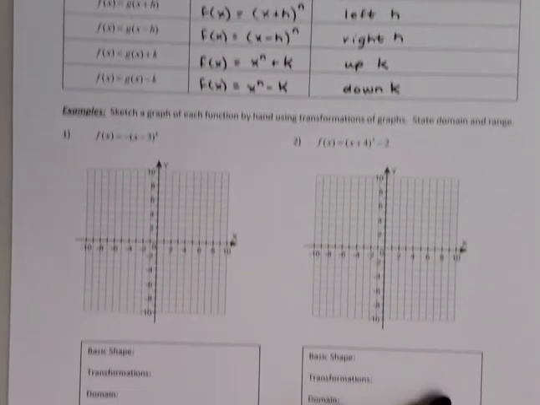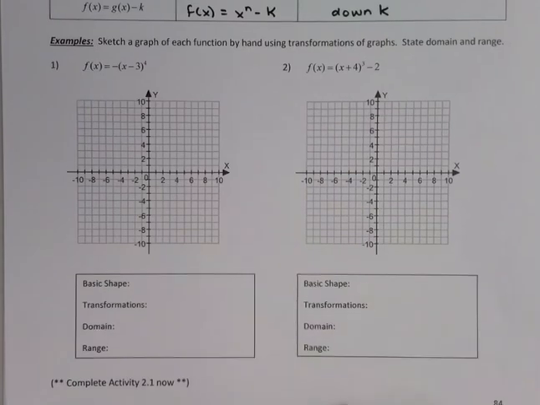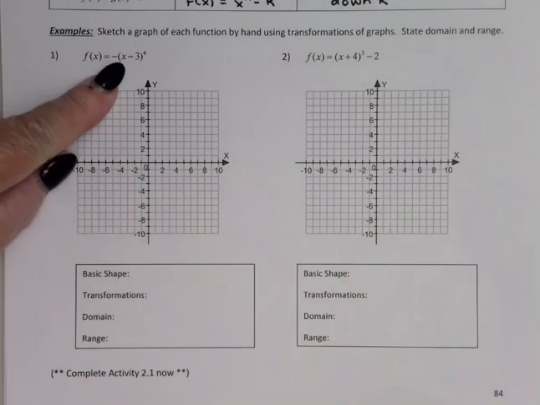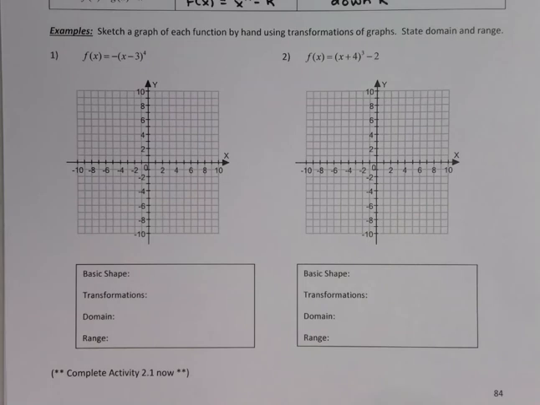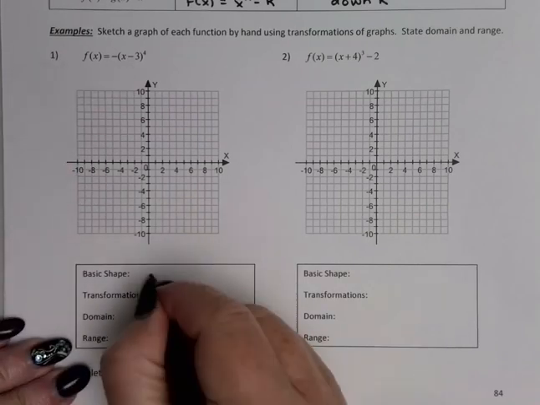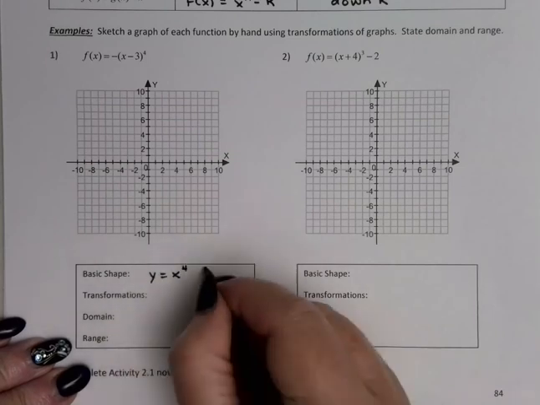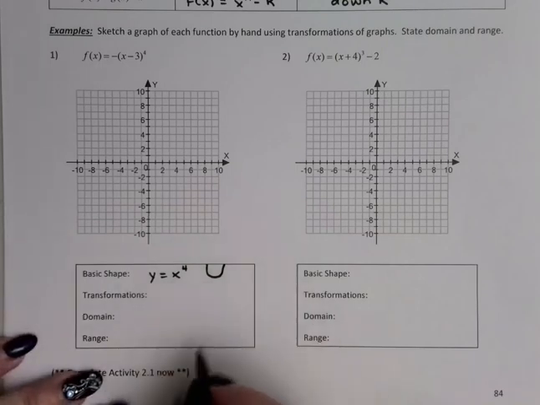Now again, I'm not going to worry about being super accurate with my exact points. What I'm really looking for here is a general shape. So our first example, we want minus x minus 3 to the 4th power. Our basic shape, our parent function, is going to be x to the 4th power, which is going to be one of those U-shaped functions.